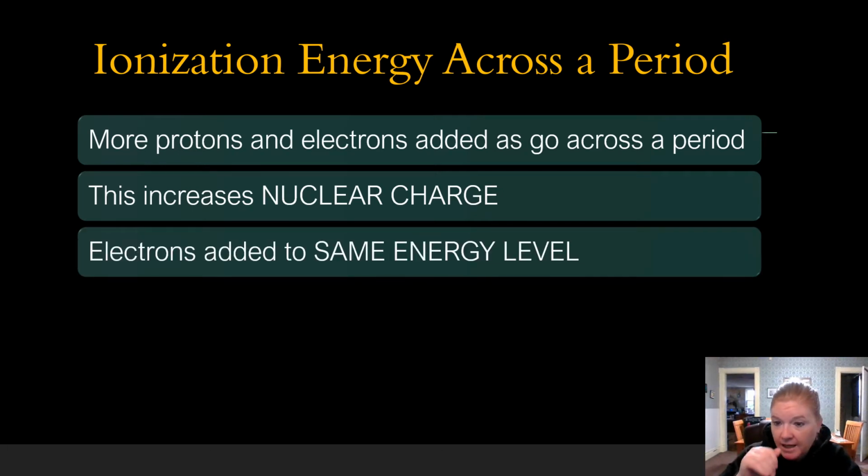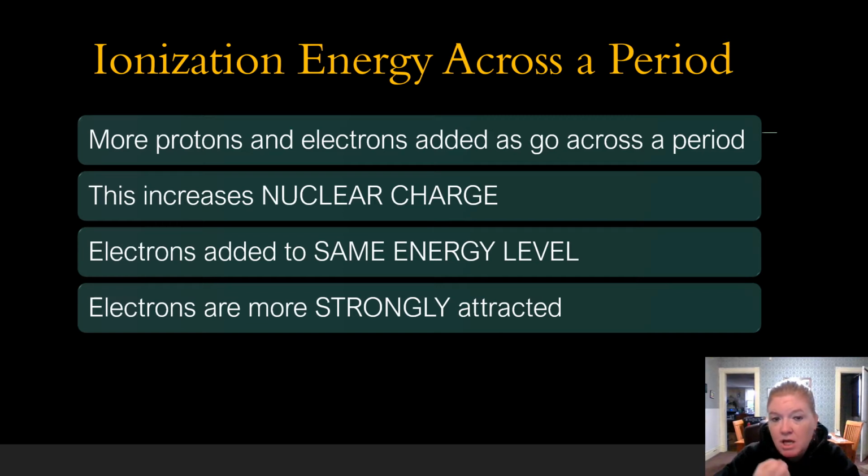But those electrons are being added to the same energy level. Remember, the period tells me how many occupied energy levels I have. I was just giving examples from period 2, +3, +4. Well, those are all in the second energy level. So I keep adding more to the nucleus and more electrons to the same energy level.